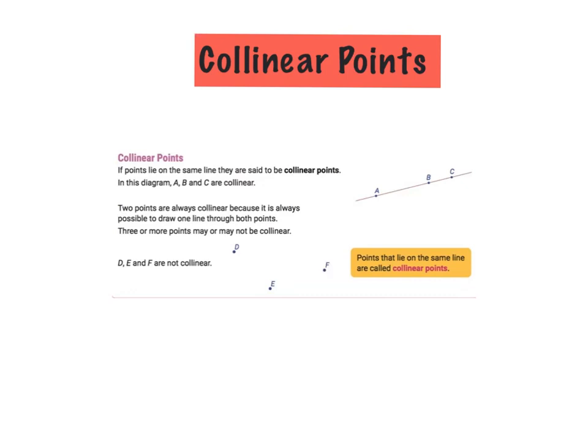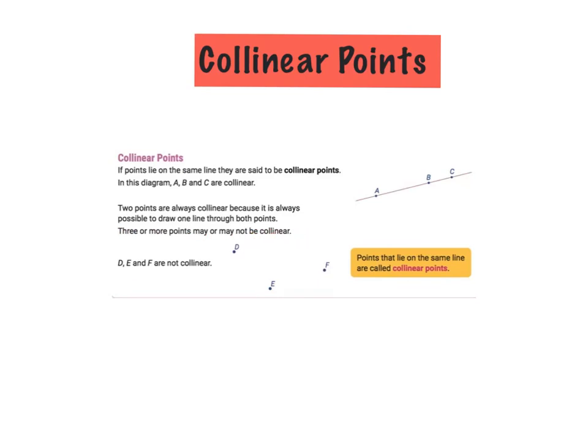Okay, so as you can see here in this example, we have A, B, and C. Okay, and we see that a line can be drawn that hits A, B, and C. Okay, a line can go through all of those points, and that shows that those points are collinear. So it says 2 points are always collinear because it is always possible to draw 1 line through both points. However, 3 or more points may or may not be collinear.